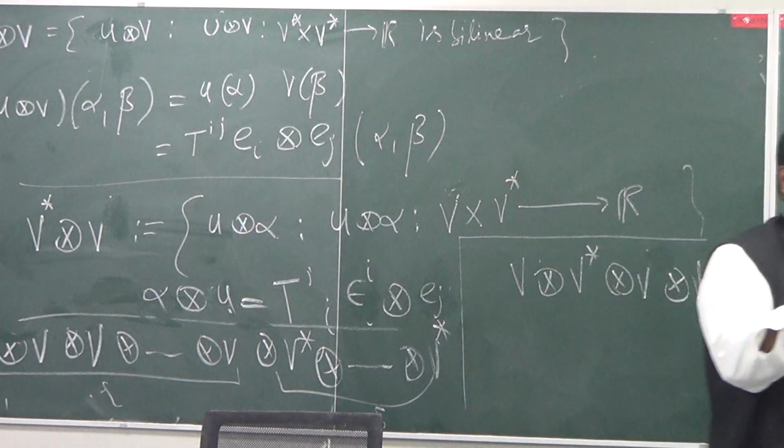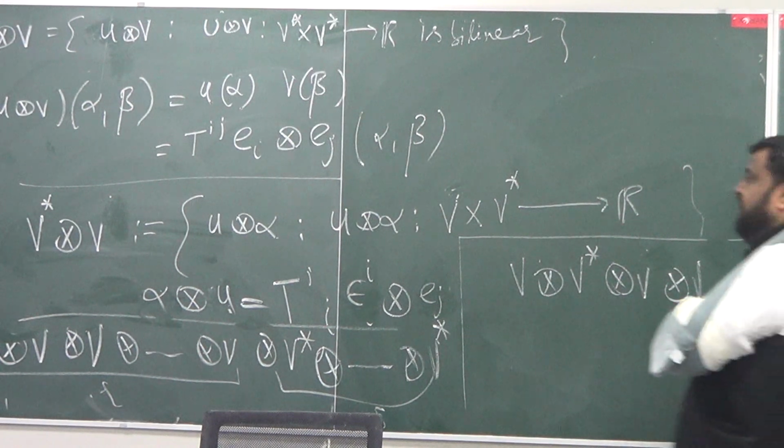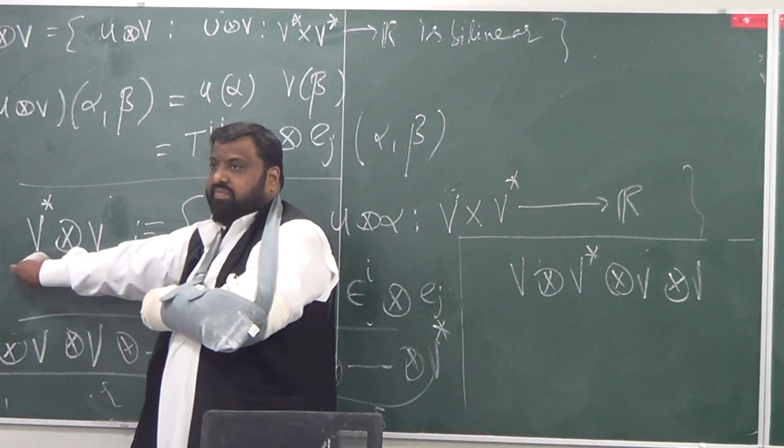So for tensors, the convention is fixed. And the convention is what? That you have to first take the copies of the vector space, and then a cross product of the copies of the vector space, and then the copies of the cross product of the dual spaces actually. So if we stick to that definition, then only such kind of things make sense.